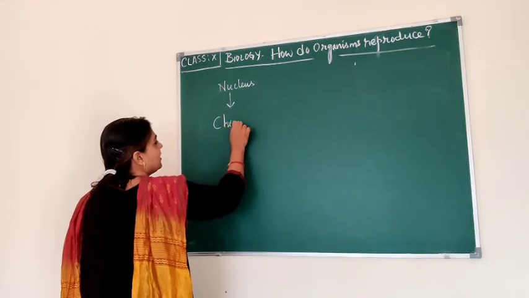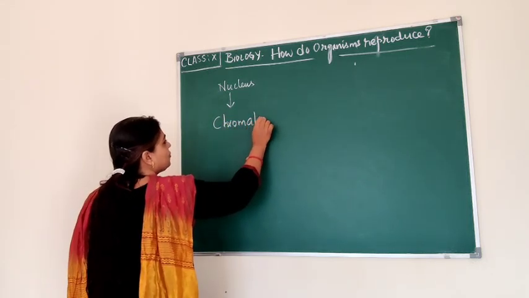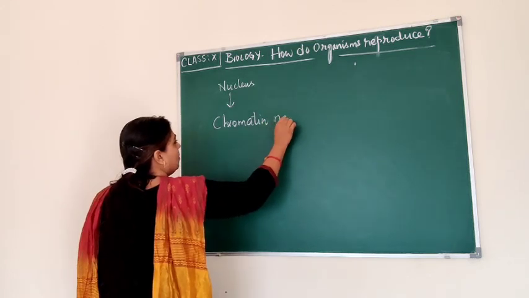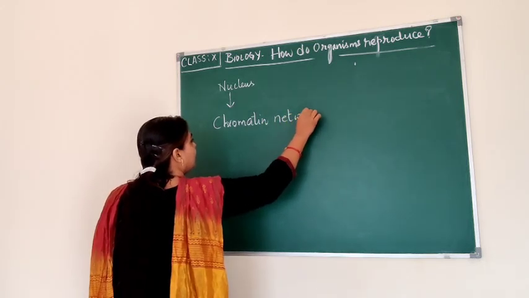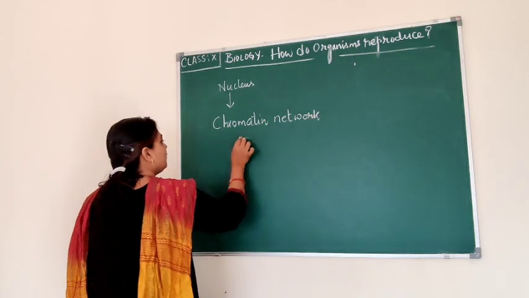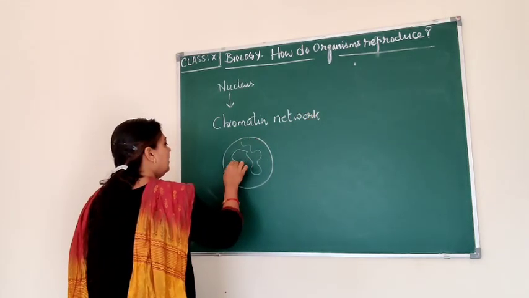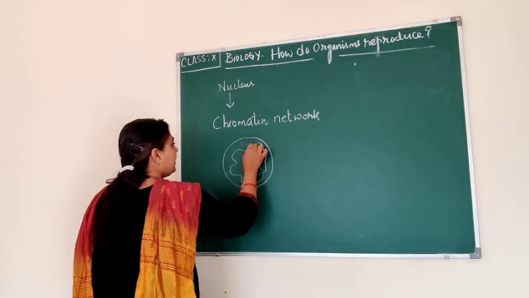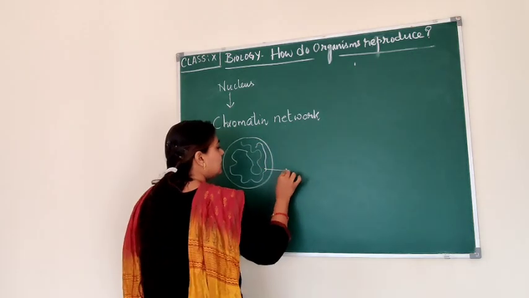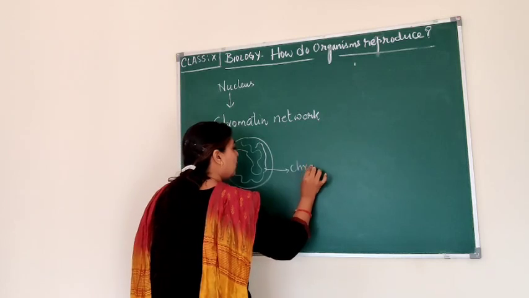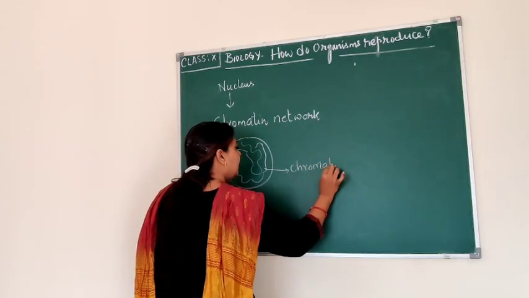In the nucleus we have structures called the chromatin network. If this is the nucleus, we have the thread-like structure, and this thread-like structure we call the chromatin network.